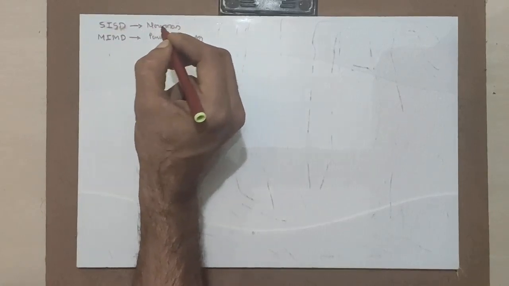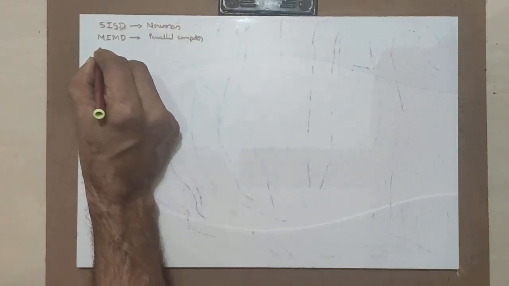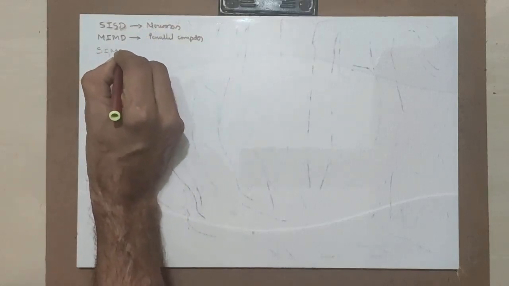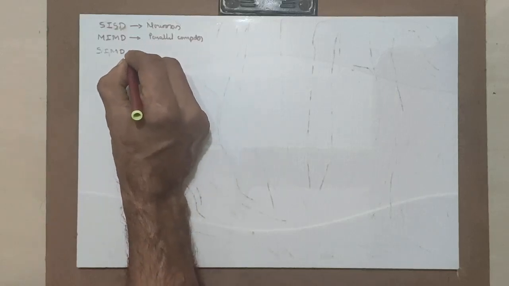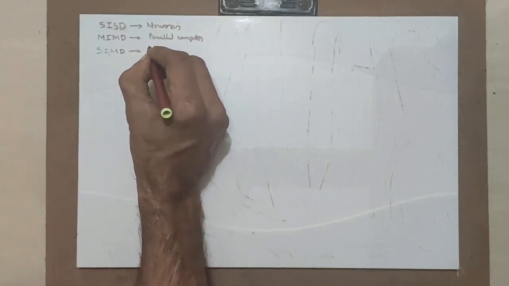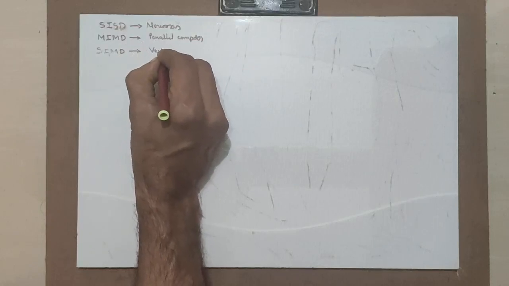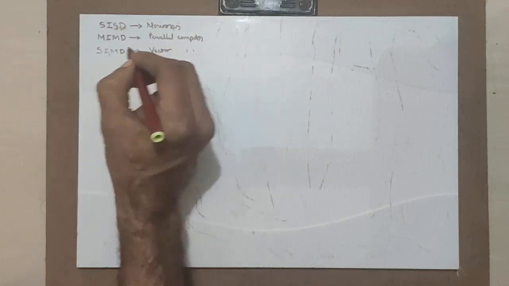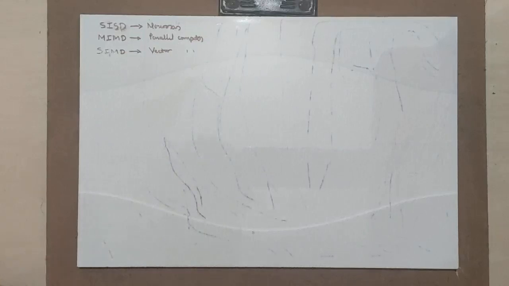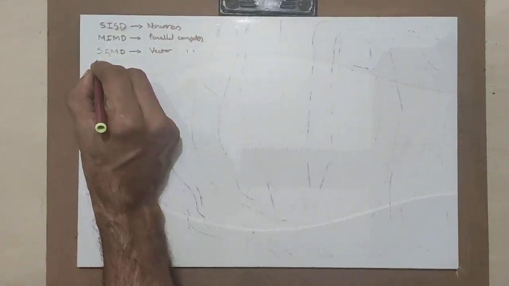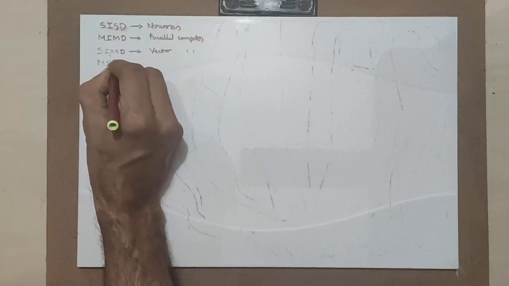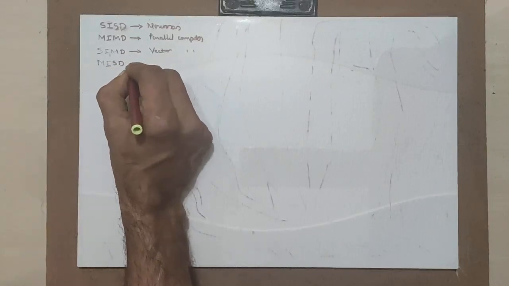The third one is single instruction, multiple data. Multiple data is there, but only one instruction. This is generally a vector computer. We call it as vector computer. The last one, multiple instruction and single data.